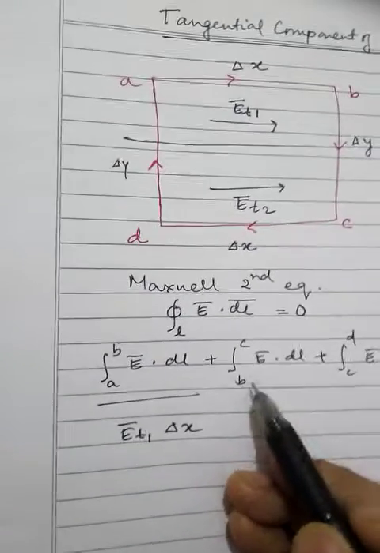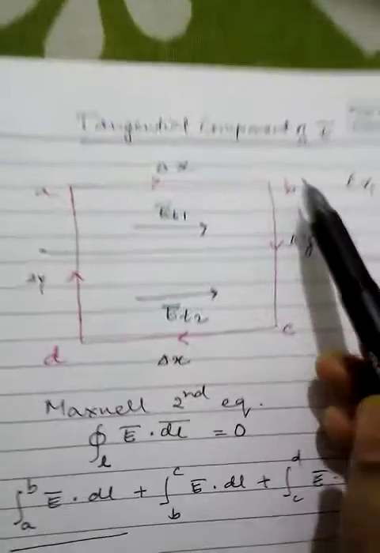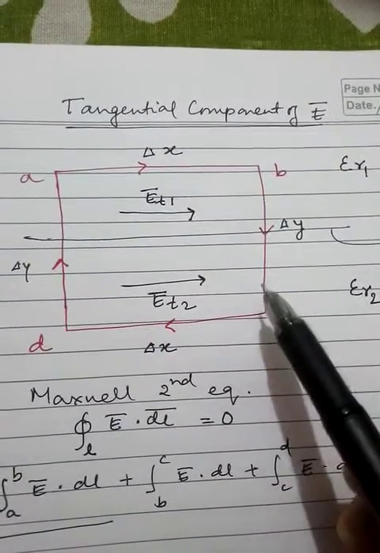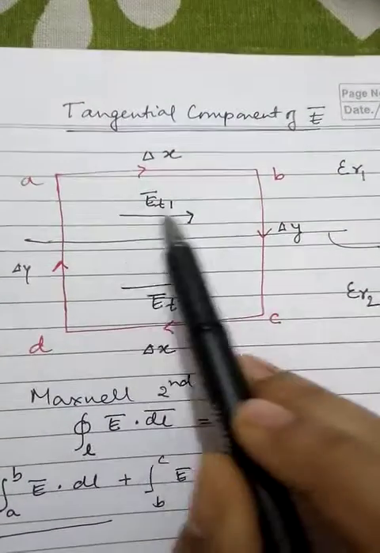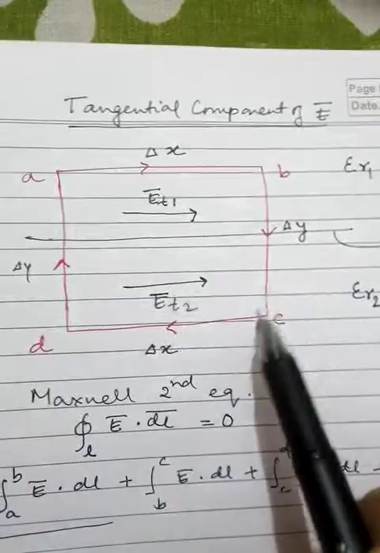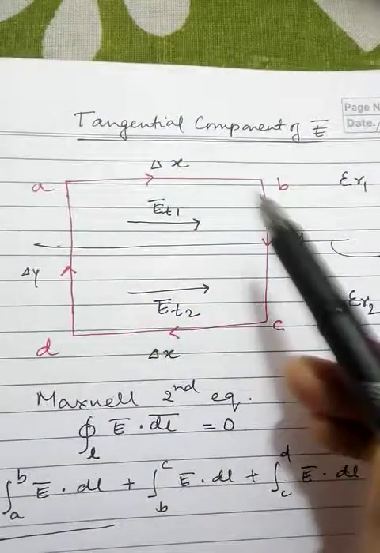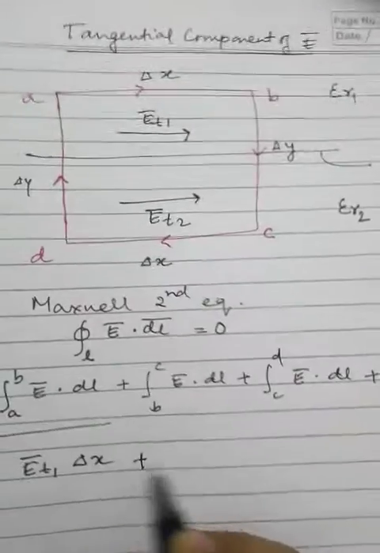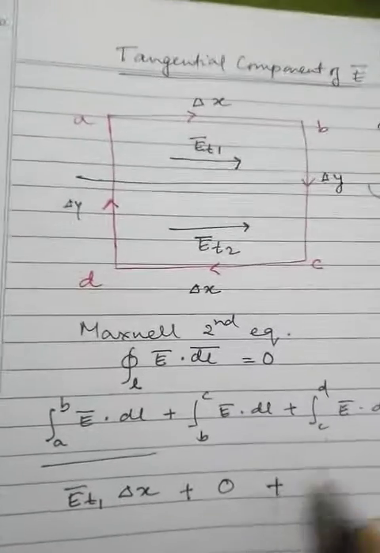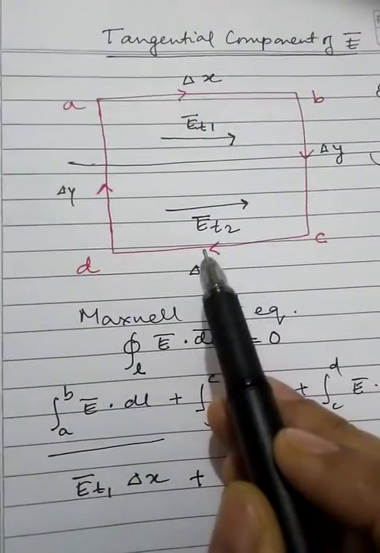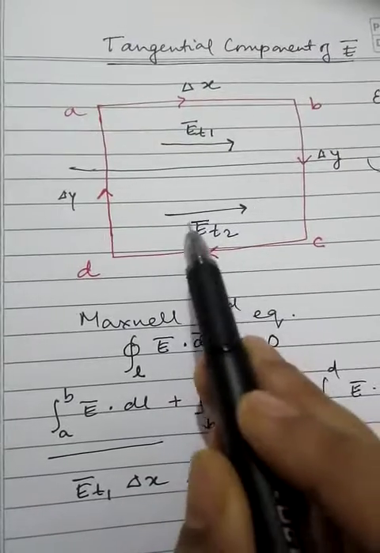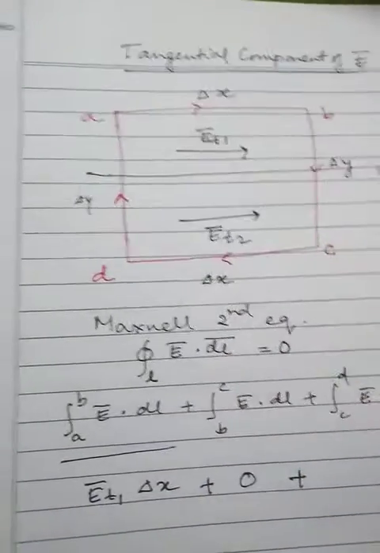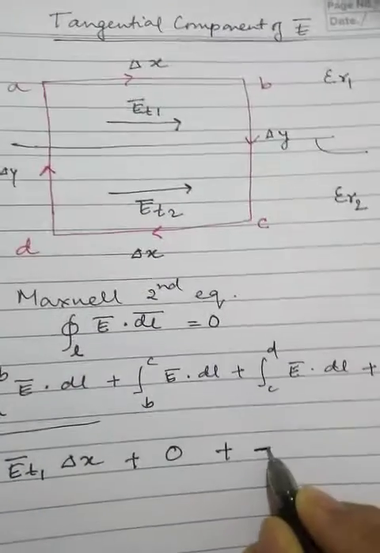Now along B to C there is no electric field, as we have considered only the tangential component. So along B to C and along D to A, there is no electric field, so here it will be 0. Again from C to D, the direction of the path and the direction of the electric field are different, so I am writing a minus.